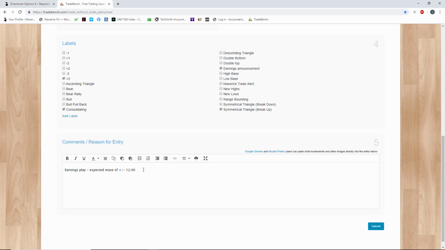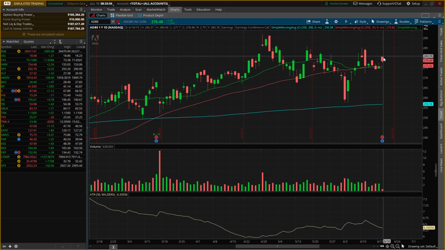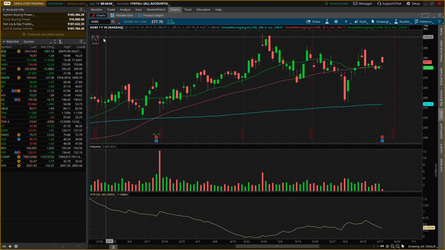And then you can do a little bit of math there. Let's go back to where the chart is currently, because I know that it's moved since I did this yesterday. So the stock is currently at 278, so I can just go $2.78 plus 12 bucks equals 290 for the up target.